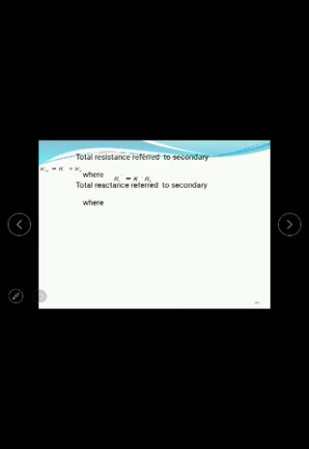The total reactance referred to secondary, X02, is equal to X1 dash plus X2, where X1 dash is equal to K square into X1. The total impedance referred to secondary, Z02, is equal to Z1 dash plus Z2, and Z02 is equal to R02 plus jX02.